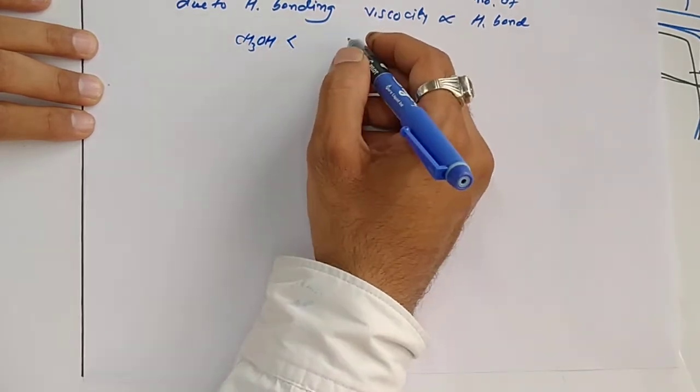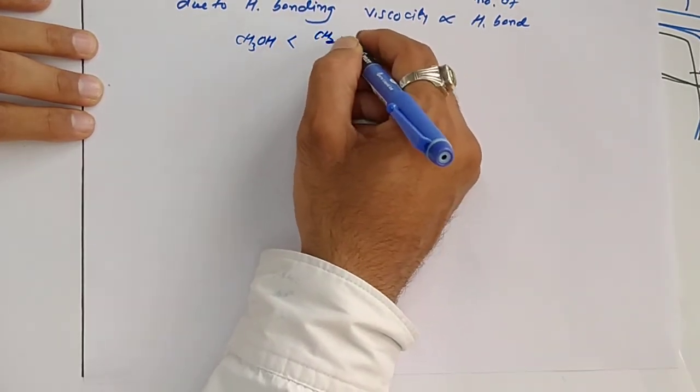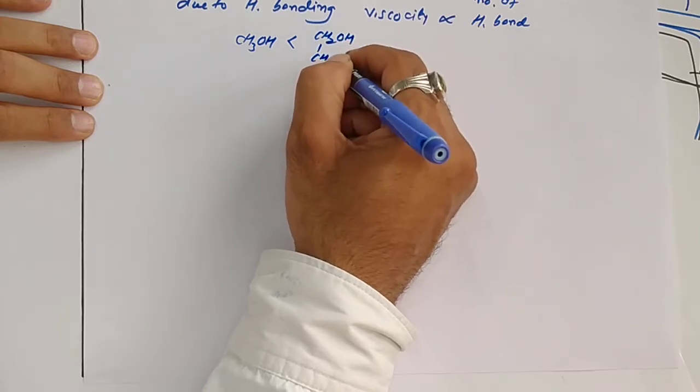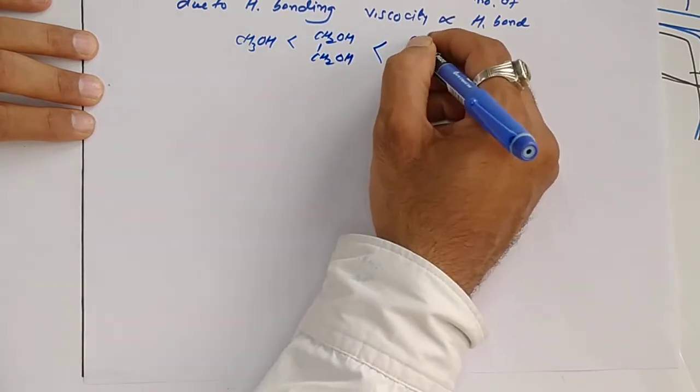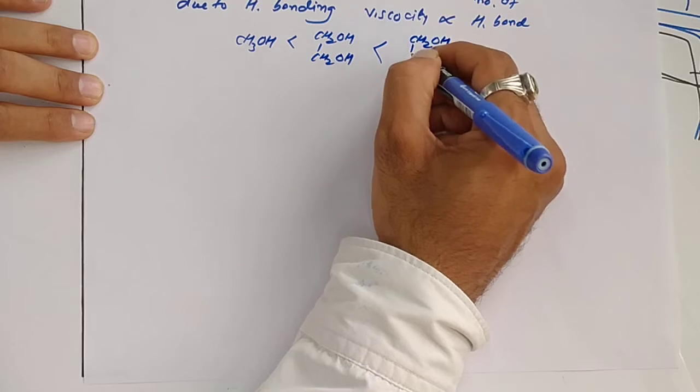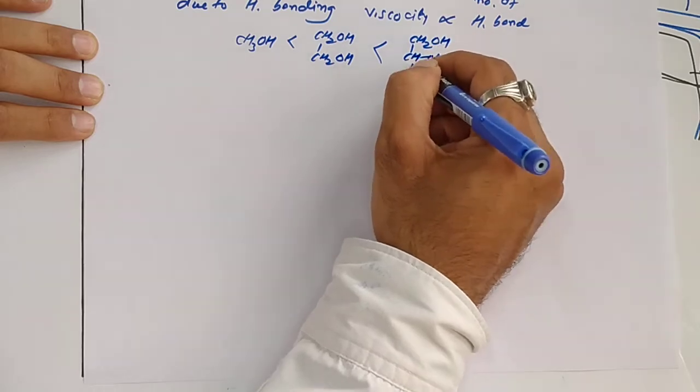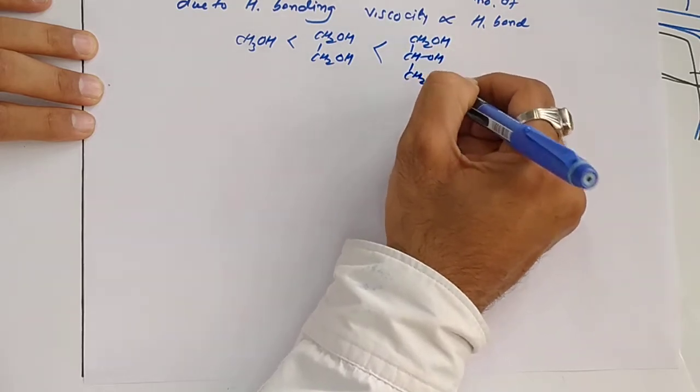Methanol has less viscosity than ethylene glycol. Ethylene glycol has less viscosity than glycerine.